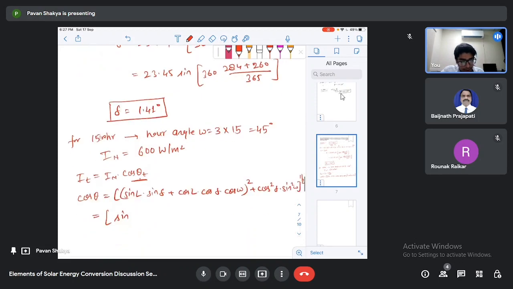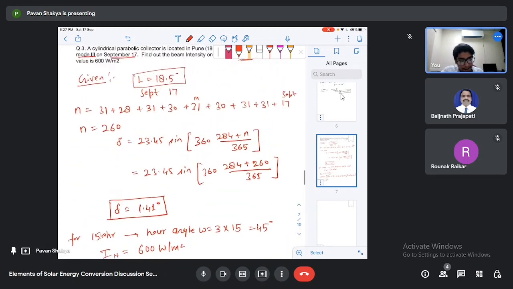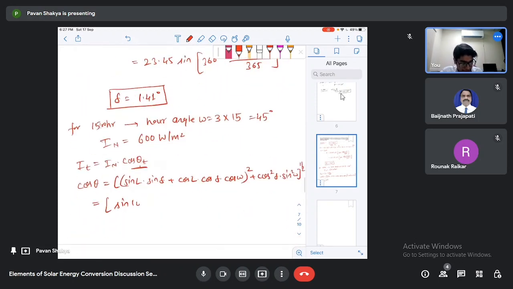The L value is 18.5 degree, and delta we have calculated as 1.41 degree, plus cos of 18.5 degree multiplied by cos of 1.41 degree and multiplied by cos of 45.